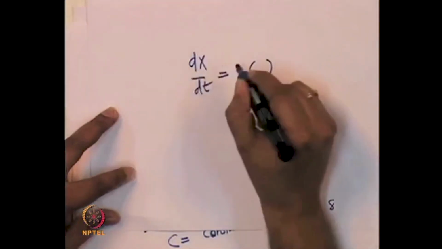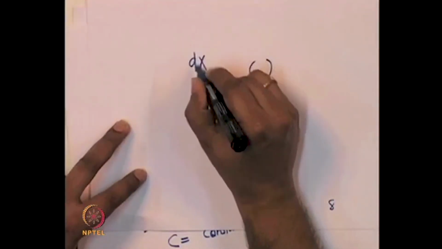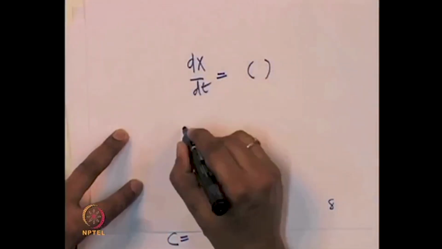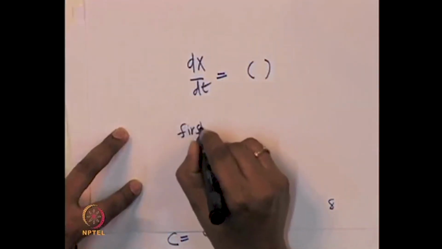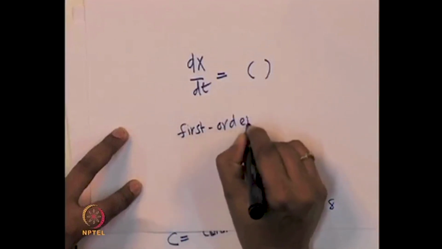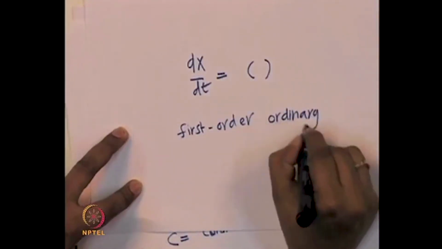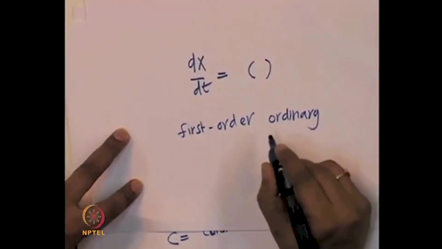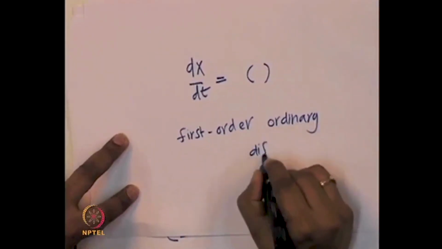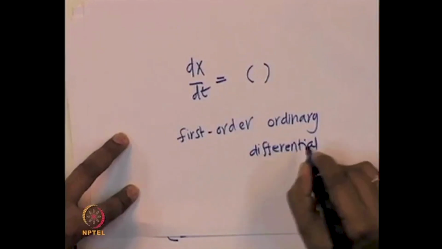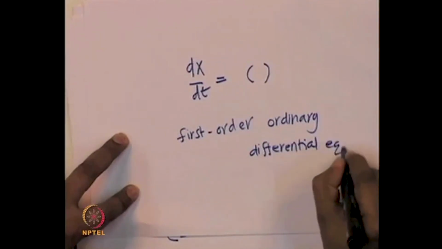Here we only use the first derivative. Such things are called first order ordinary differential equations. We will see some other kinds of differential equations, but whatever we saw so far are first order ordinary differential equations.